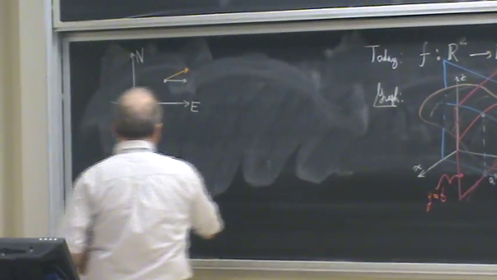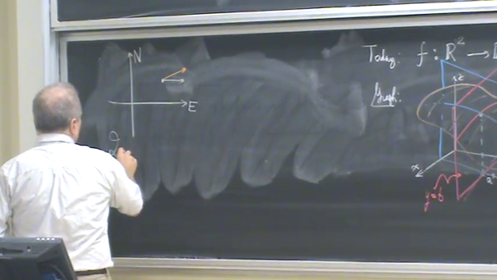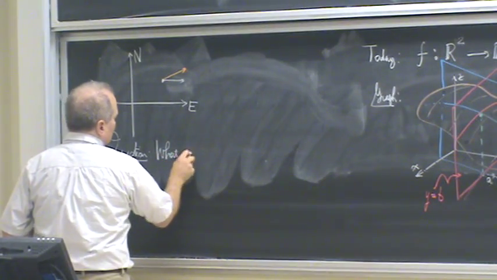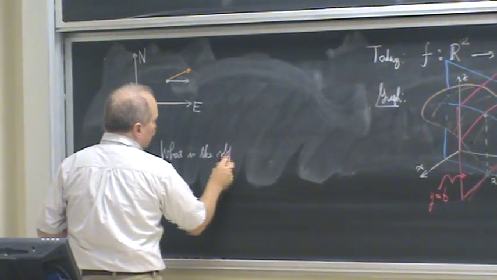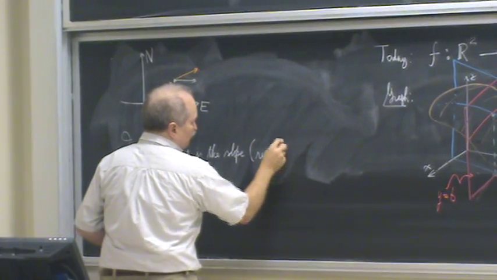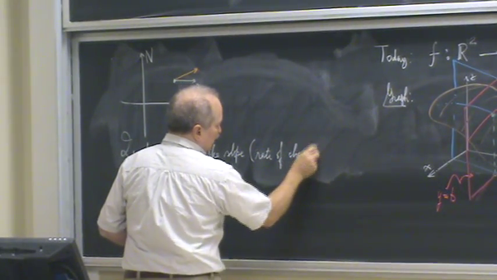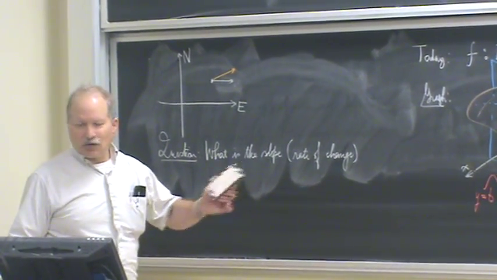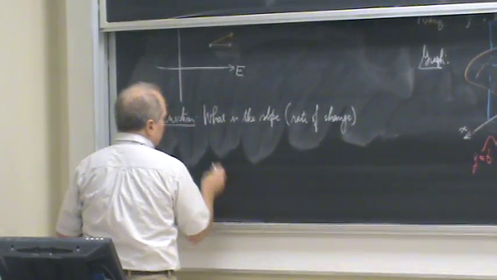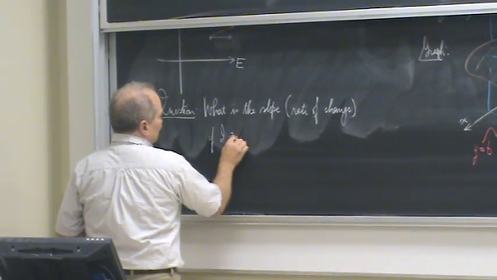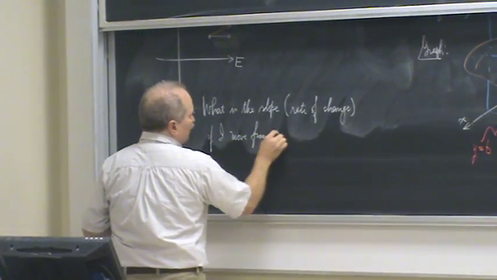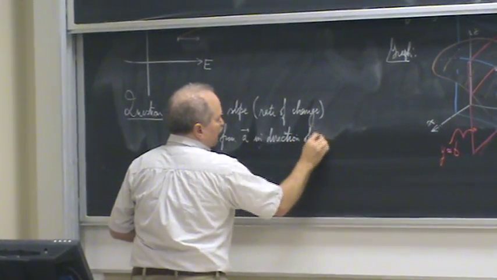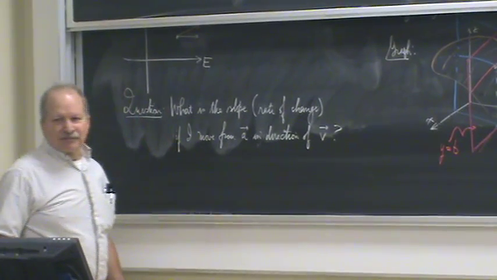But you might similarly want to ask, what is the rate of change of the function, or the slope? Both are useful to think about. If I move in a general direction, not just east or north. So if I move from the point A in the direction of a vector v.